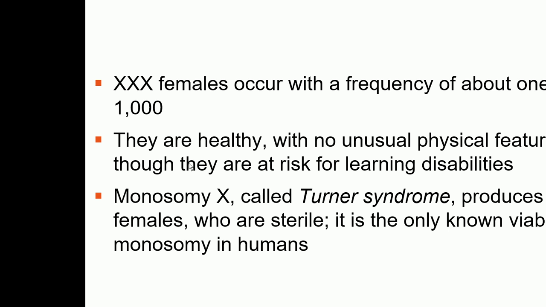So here is the situation when the females have one extra X chromosome. These are also called super females. Now this is a situation called monosomy X, also called Turner syndrome. They have only one X sex chromosome. They don't have two X sex chromosomes. They have only one. And these females are usually sterile.